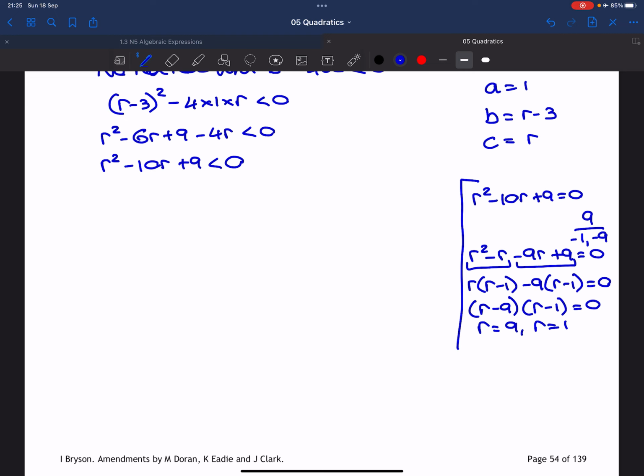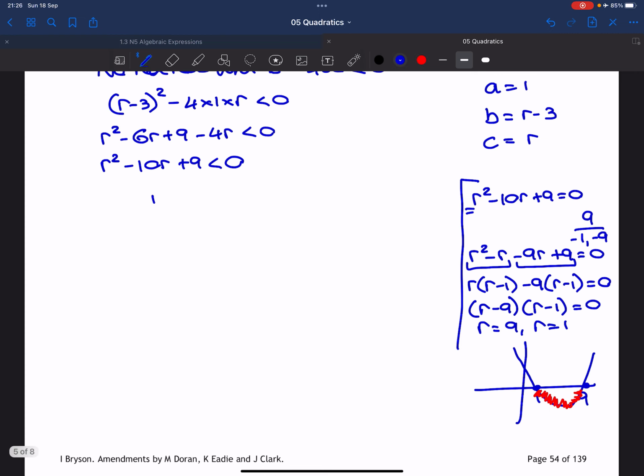Because it's a quadratic inequality we're solving, we must sketch the graph. So this is crossing the x-axis, or the r-axis I should say, at 1 and 9. It's a positive r squared, so it's going to be a happy face parabola. And I want to know when is this graph going to be less than 0? It's less than 0 when the graph is below the x-axis. So that's after it leaves 1 and before it approaches 9.